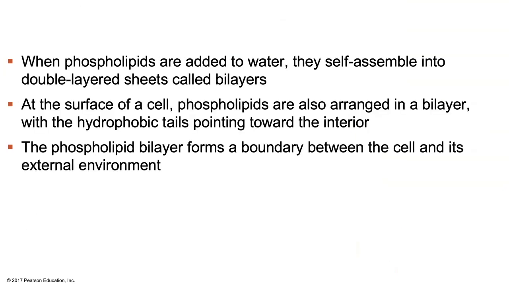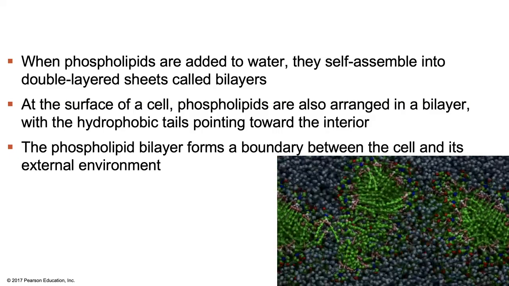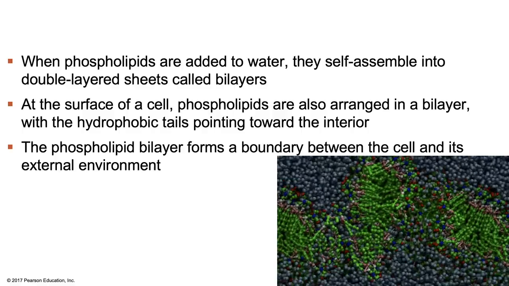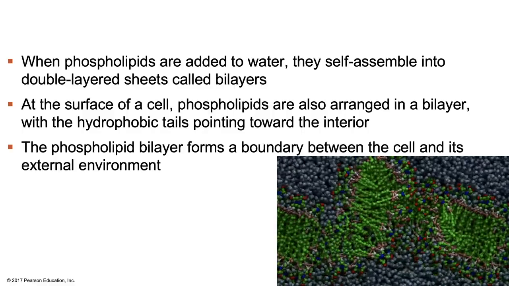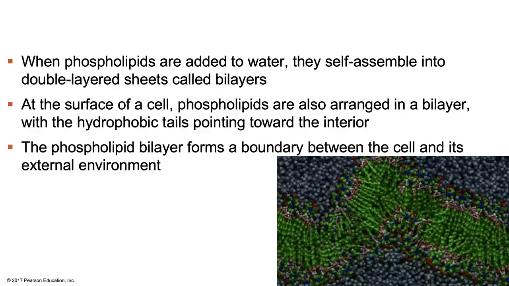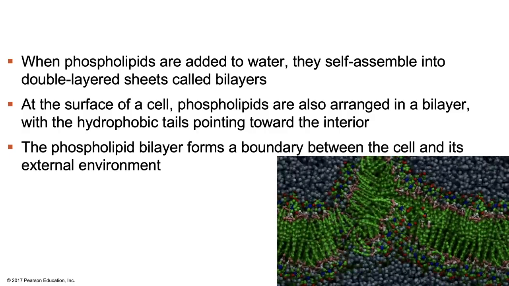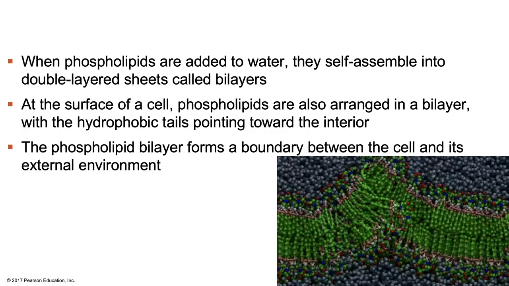When phospholipids are added to water, they actually self-assemble into double-layered sheets called bilayers. This happens because water seeks to hydrogen bond with itself and other polar entities, which will expel any non-polar entities from the area.